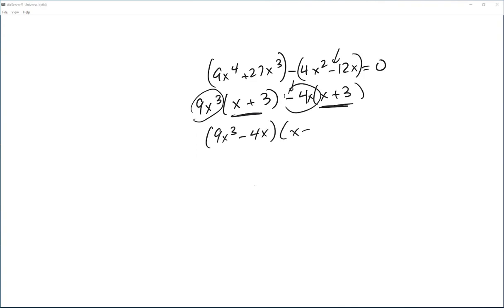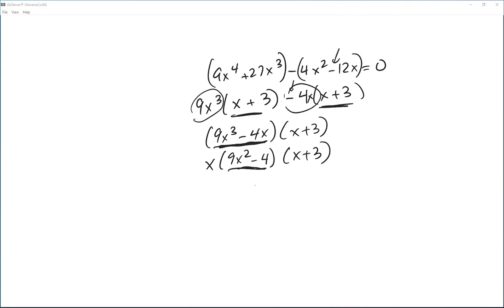The problem with this one, though, is a little bit trickier because you could factor a little bit more. So you could factor and factor again. It's going to be x, and then 9x squared minus 4, and x plus 3. Then you can factor again, technically, because this is a difference of squares.